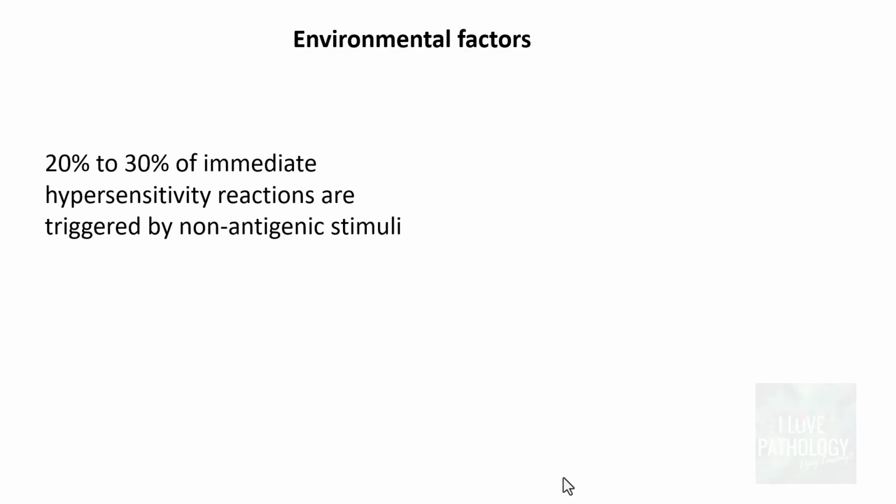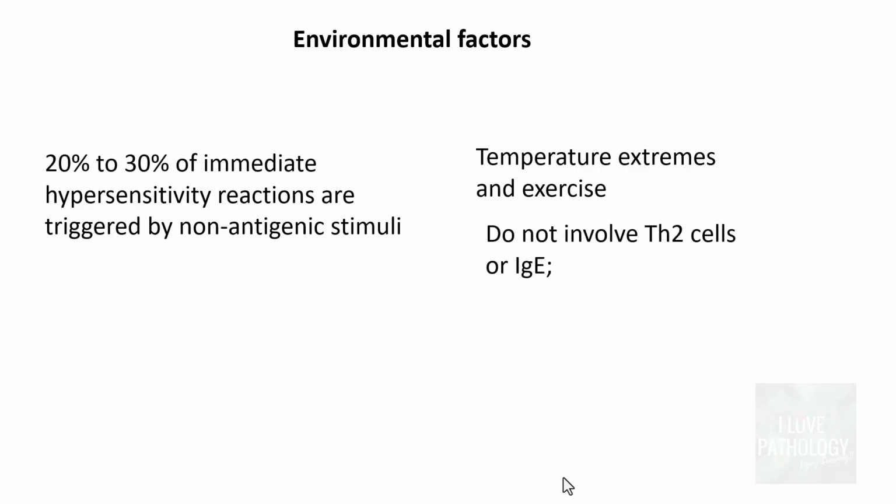It is said that around 20 to 30% of immediate hypersensitivity reactions or type 1 hypersensitivity reactions are triggered by non-antigenic stimuli. You don't need antigens. It's by non-antigenic stimuli like temperature extremes and exercise, and they do not involve T helper cells or even immunoglobulin E. And this is called non-atopic allergy.